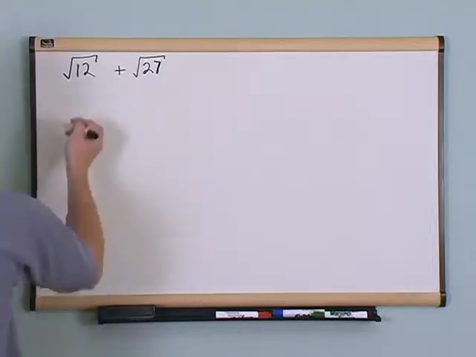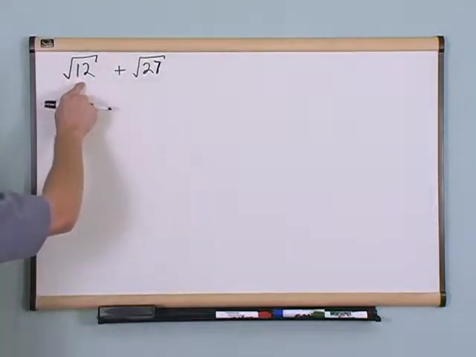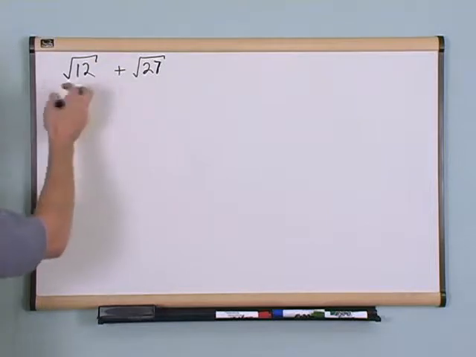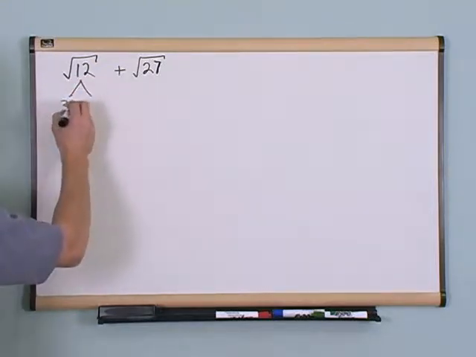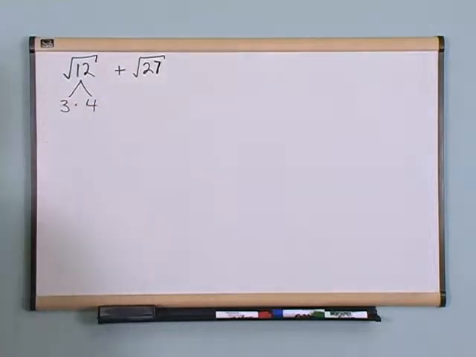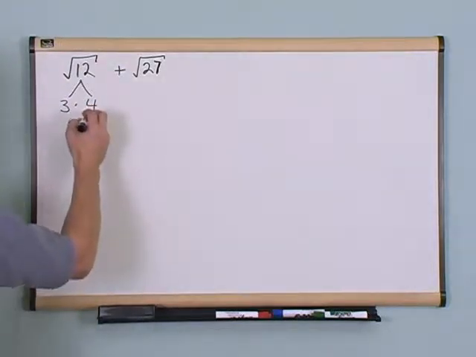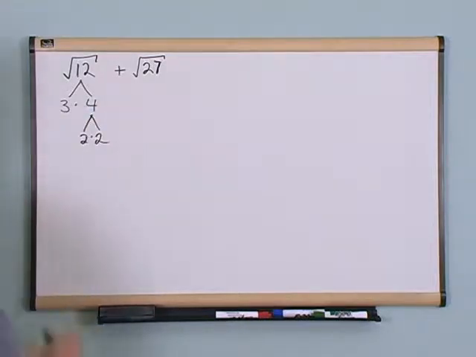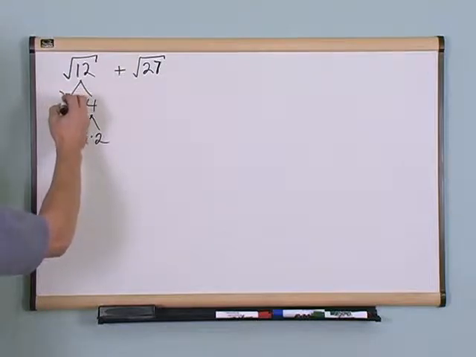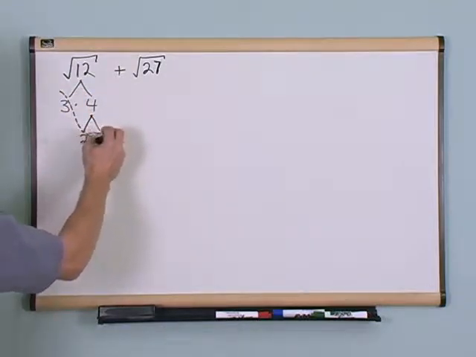So let's go ahead and do that. If we were to simplify this radical, just like we learned how to do in the previous section, how would we do it? Well, we know that 12 is 3 times 4. And we also know that 4 is 2 times 2. This is about as simple as we can get. So we're going to look for pairs below the dotted line.